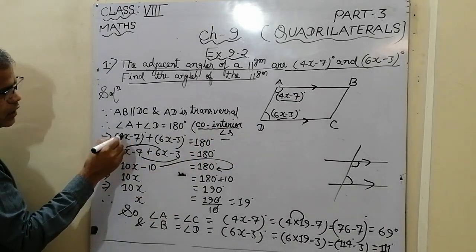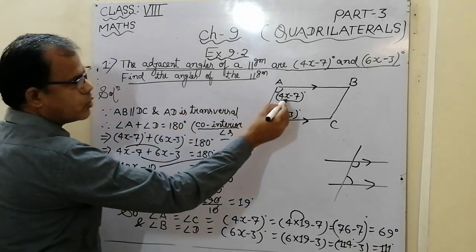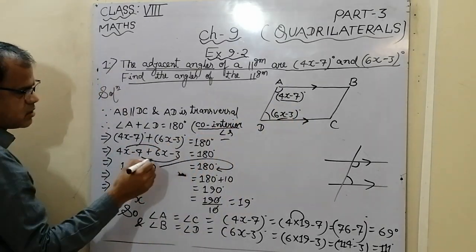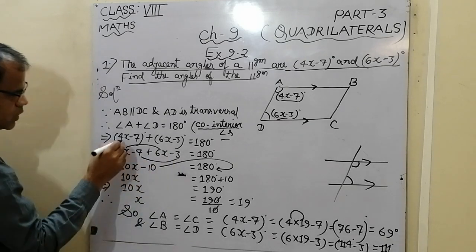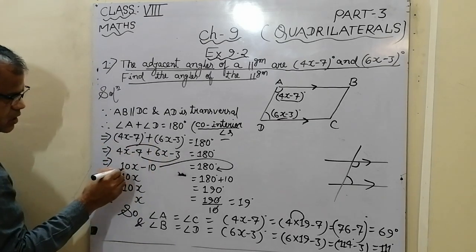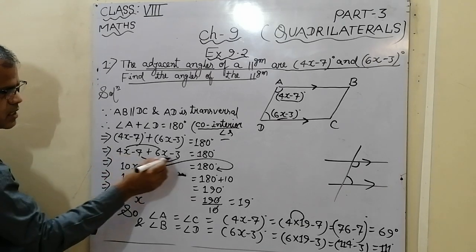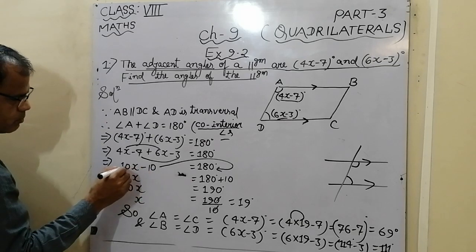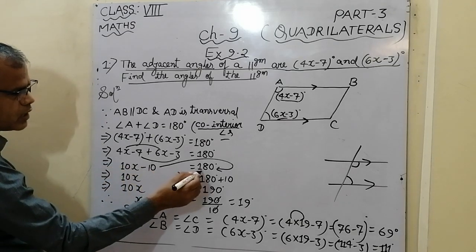So we put here angle A equal to 4x minus 7 and angle D equal to 6x minus 3. We remove the brackets. Now 4x plus 6x becomes 10x, minus 7 minus 3 is minus 10. So 10x minus 10 equals 180.